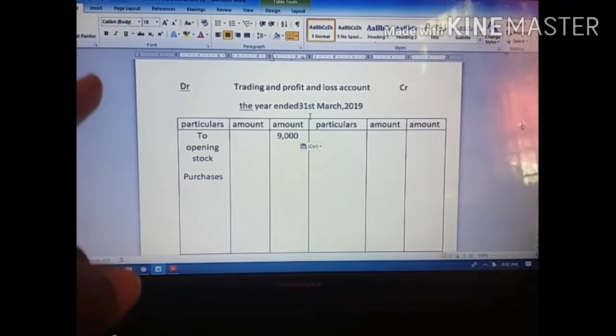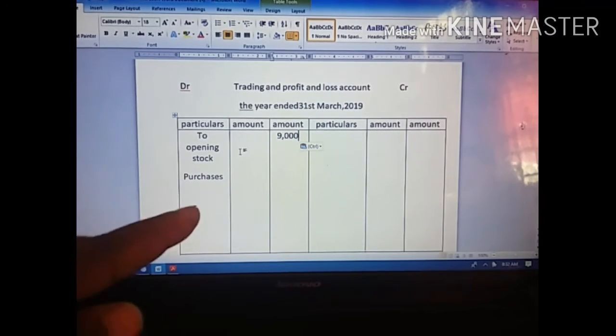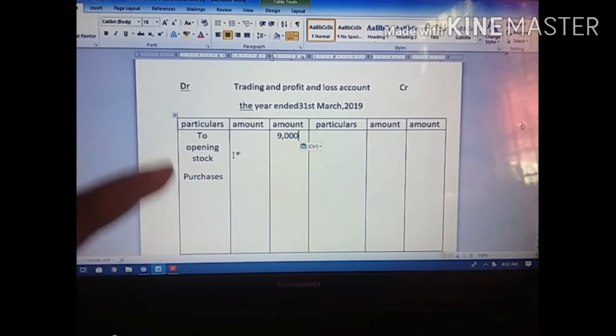Now I have two columns, one is the inner column and the other is the outer column. In the inner column you have to use it for adjustment. So purchase I have written here.